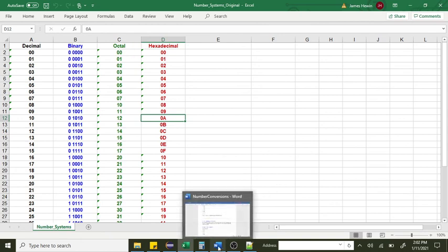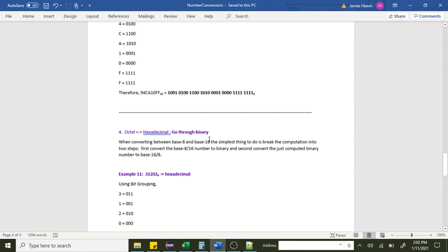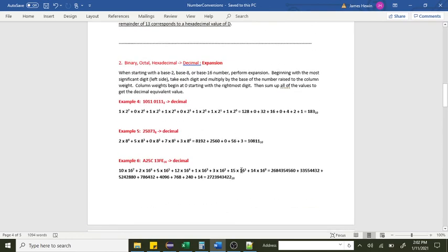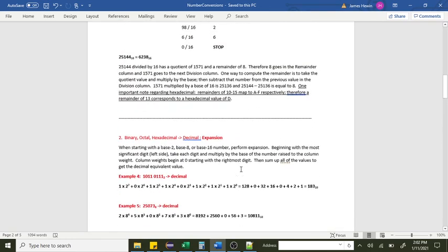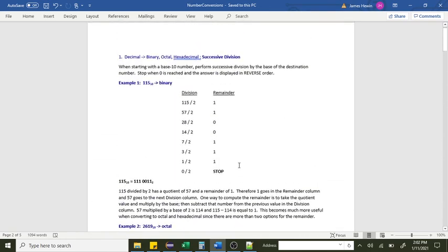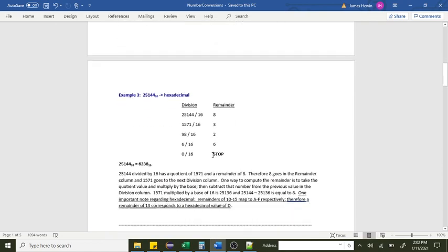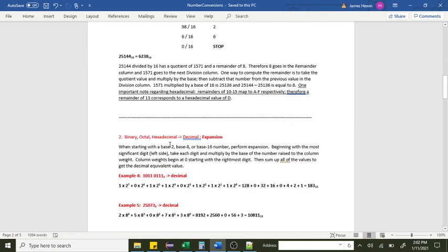And then for doing the conversions, I would say probably going between octal and hex is the least common. The ones that you'll probably find more useful are category 1, going from decimal to binary, octal, hex, and category 2, binary, octal, and hexadecimal to decimal.